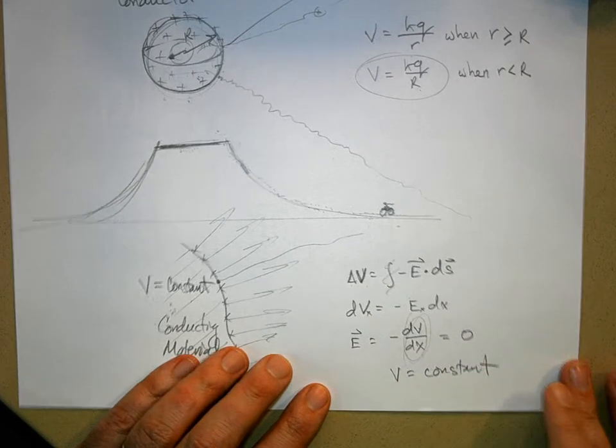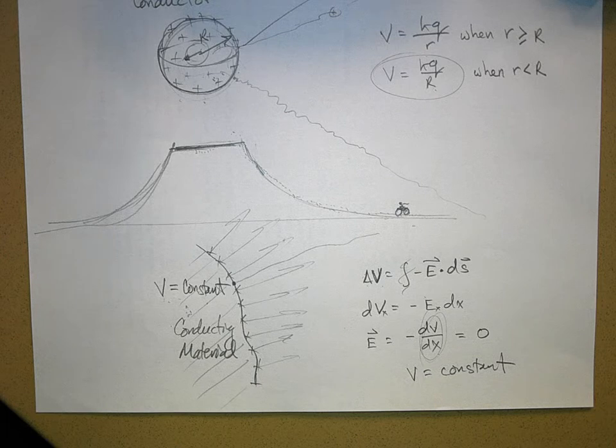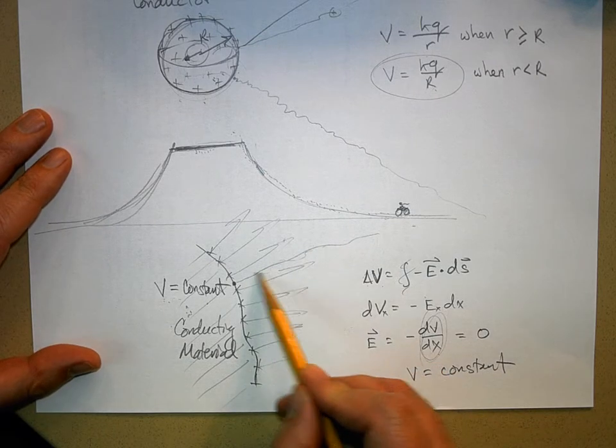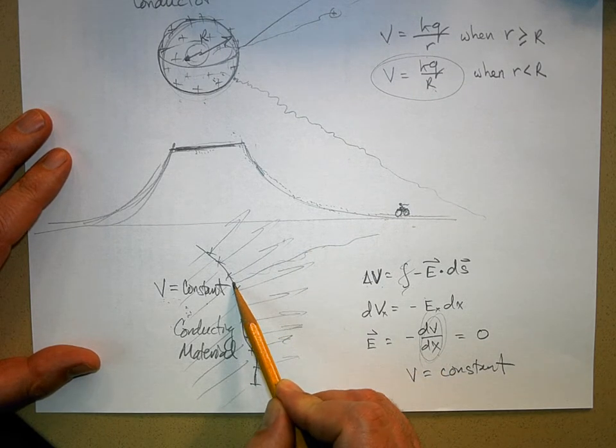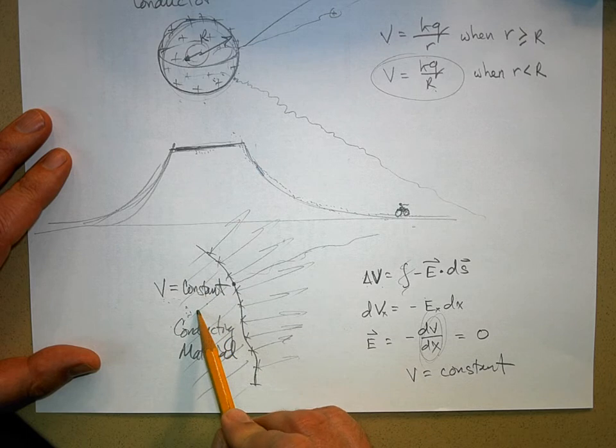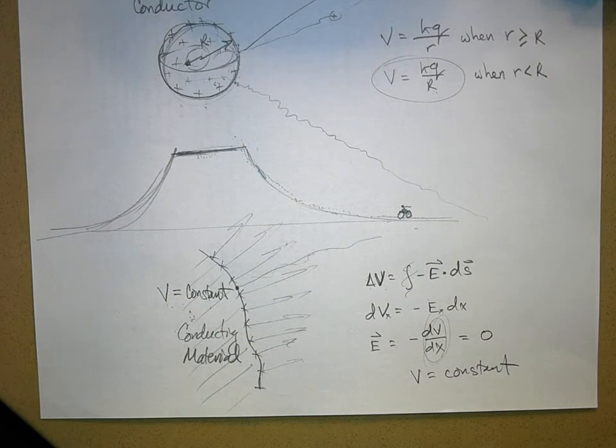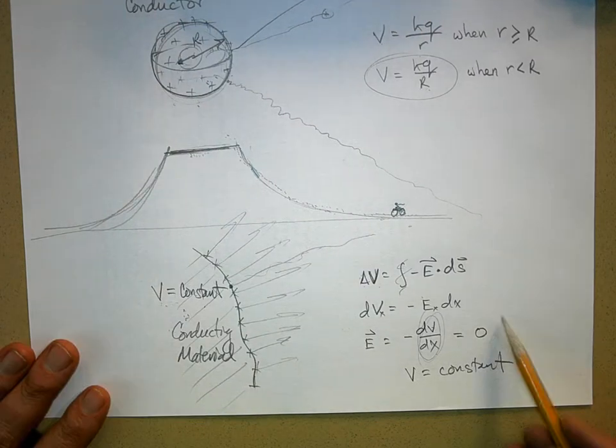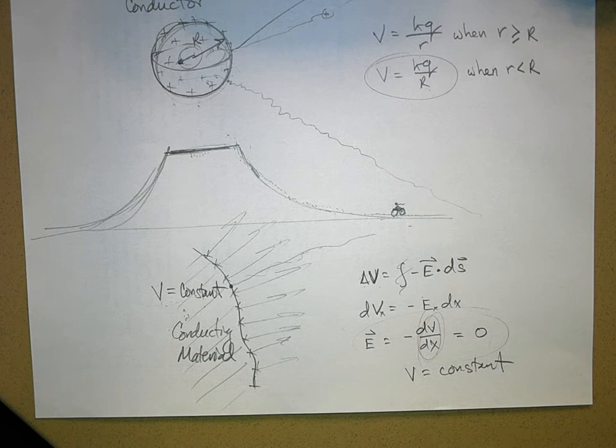So all this calculus theory makes sense, but it also makes intuitive sense if you think like a positive test charge. You go, working against this field, working against this field. Oh, I don't have to work against anything anymore. But all that energy I put into it is still there. So the voltage is a constant, not 0. The electric field is 0, but the voltage is a constant. And you can kind of see that when you look at the calculus of it.